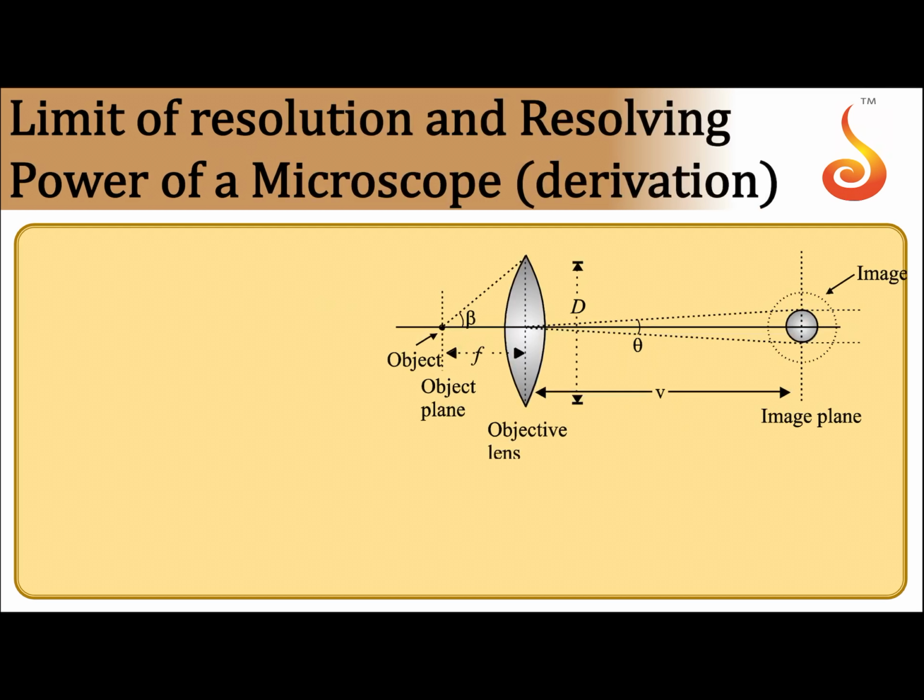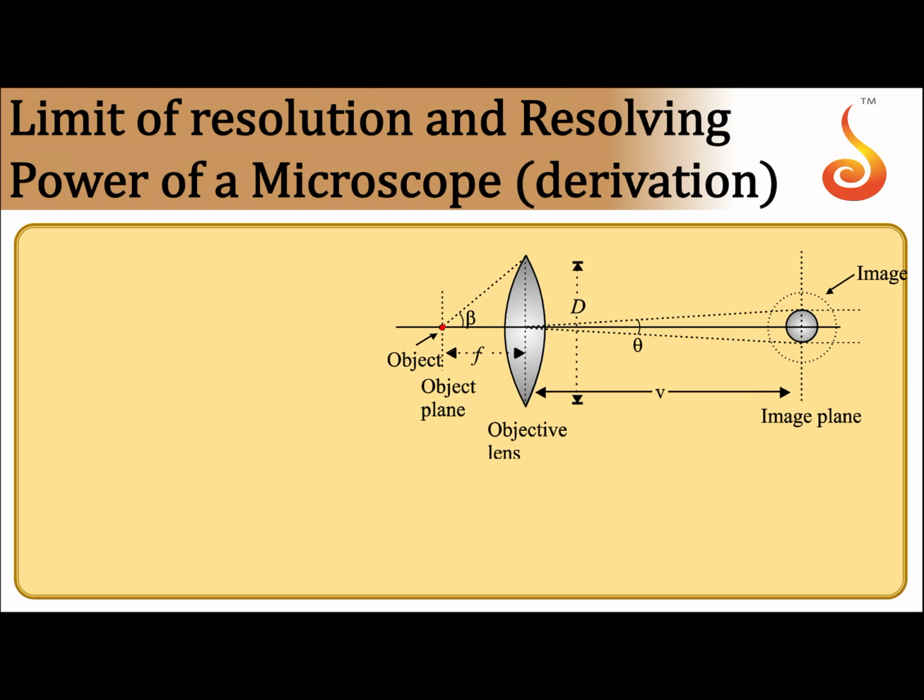Now, let us consider a compound microscope. We have a point object held in front of objective. Now, objective will form its image. Let us say D is the diameter of the aperture, then F is the focal length of the objective.